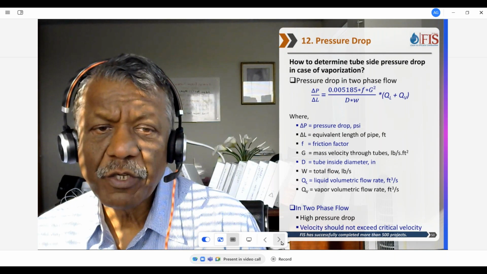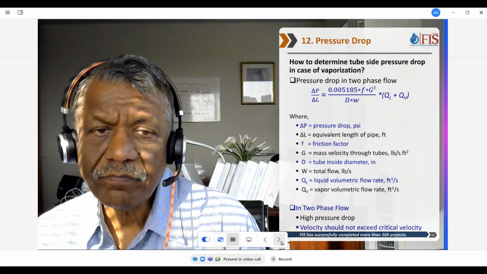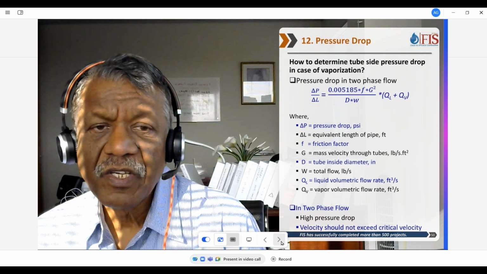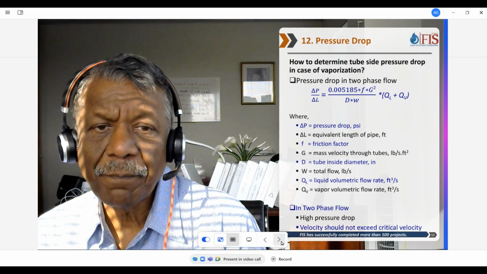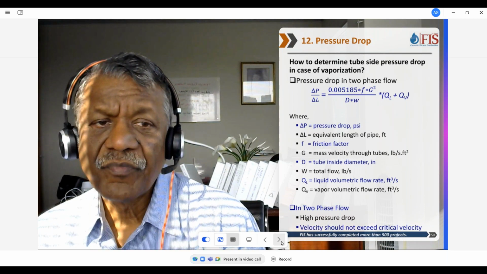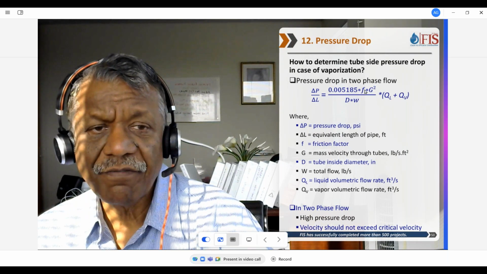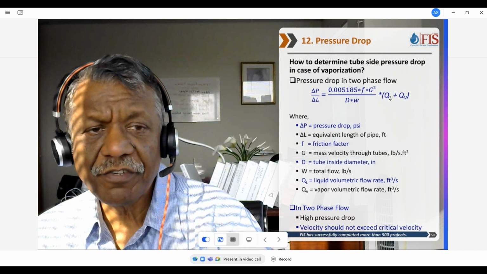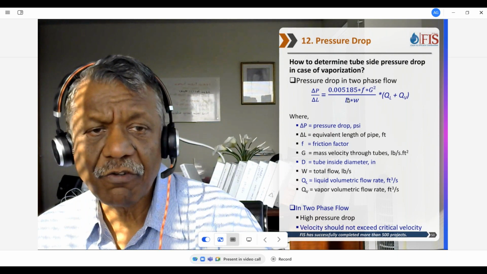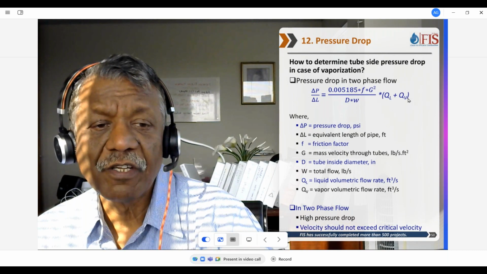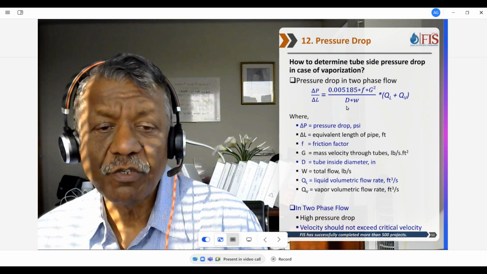We calculate the specific volume and we use a single equation, delta P by delta L, using the same Fanning friction factor and mass velocity, QL plus QV, and we calculate this specific volume, and that's what we use.